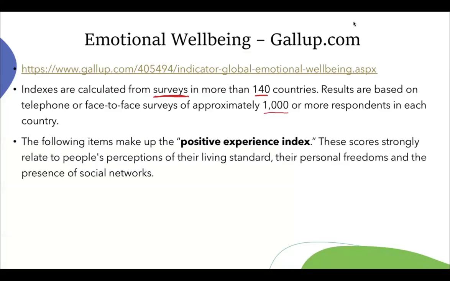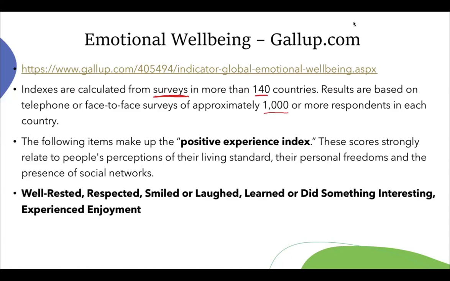The following items make up the positive experience index. These scores strongly relate to people's perceptions of their living standard, their personal freedoms, and the presence of social networks. The items are: well rested, respected, smiled or laughed, learned or did something interesting, experienced enjoyment.